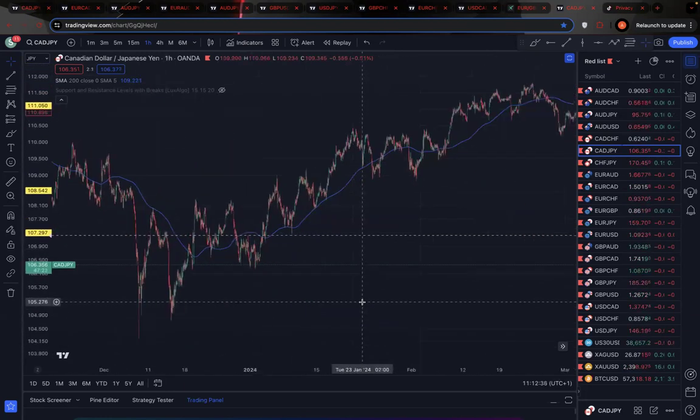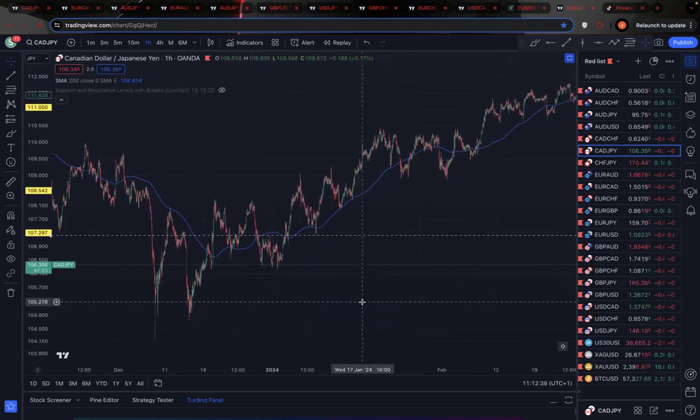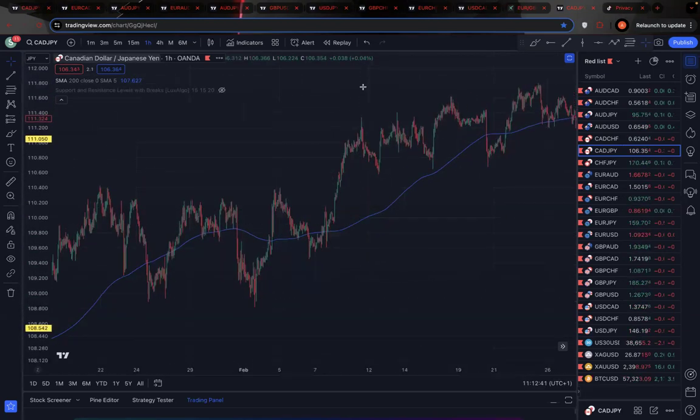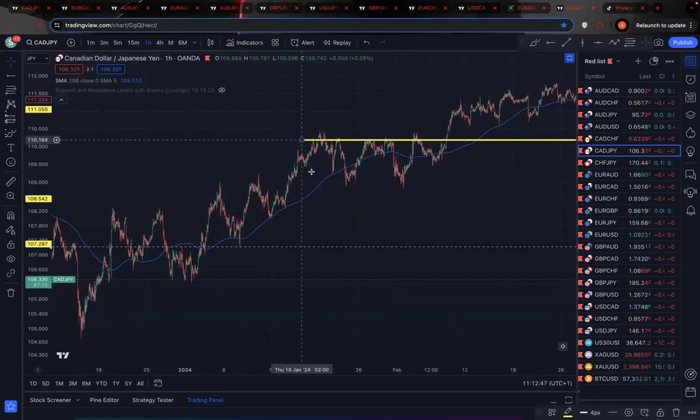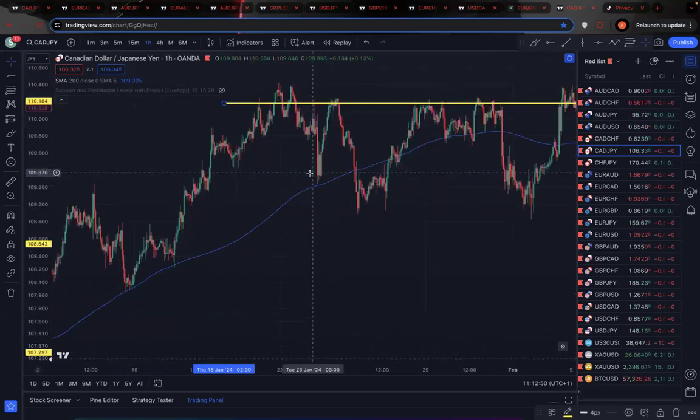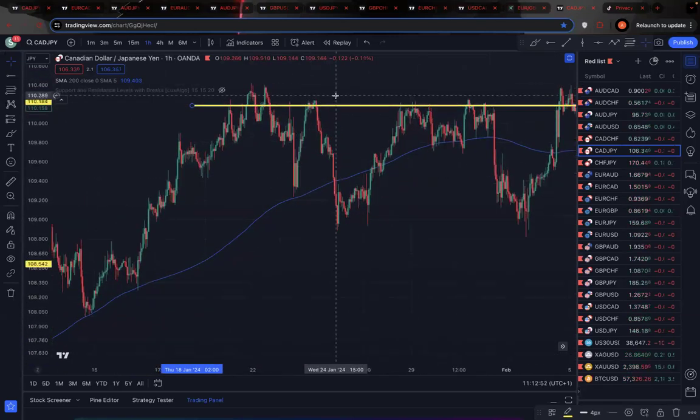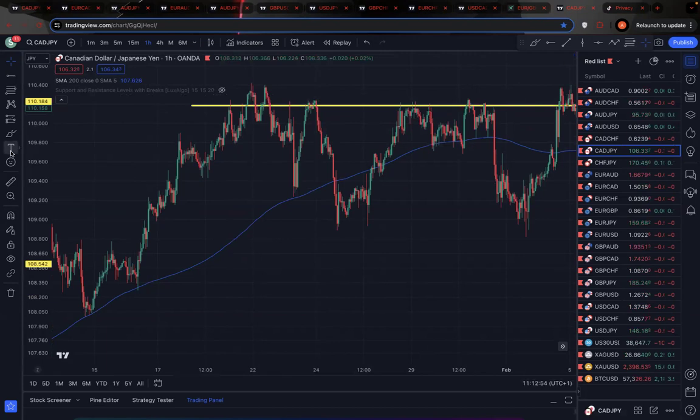I'm looking for a very good support. Okay, let's do this. Let's do something like this. Now, what is this? This is a resistance, right? You can call it a resistance or an area of structure.